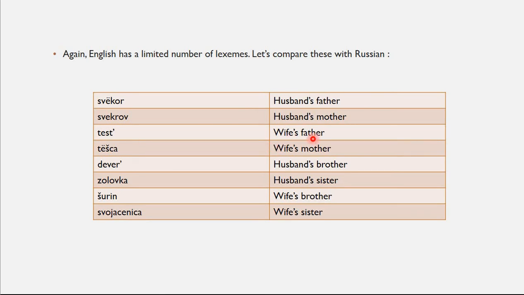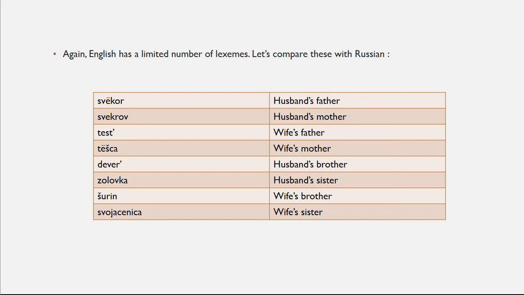In Turkish, we actually use kaynana and kayınbaba for both of the groups here. These are the same here for kaynana and kayınbaba. If it is your husband's father or if it's your wife's father, it doesn't matter. We use kayınbaba. And kaynana for your husband's mother or wife's mother, it doesn't matter, we use kaynana.